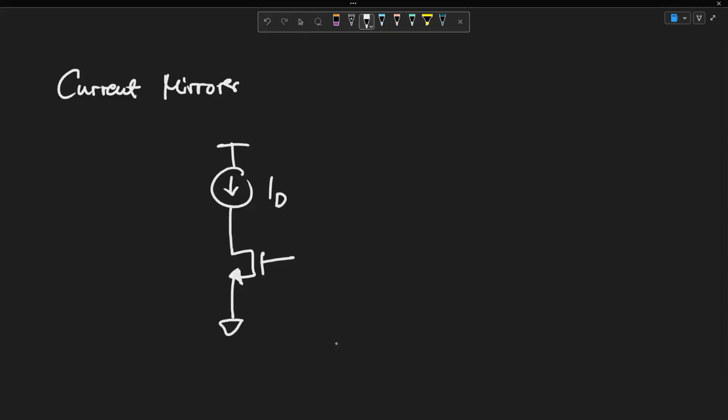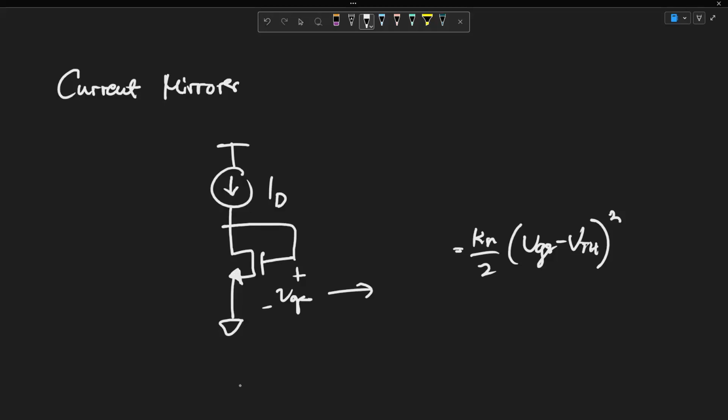Well, this MOSFET will be creating a VGS according to the equation ID = Kn over 2 (VGS minus VTH) squared. Actually, you do this such that it goes into saturation.